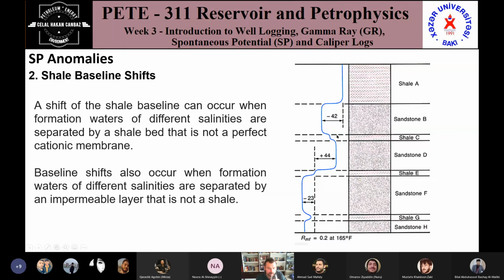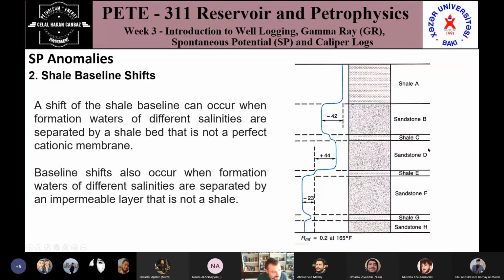Because sometimes, for example, let's say sandstone B and sandstone D, because of the tiny shale structure, can be shown as different pay zones, but these are not different pay zones actually, because somewhere, for example 100 meters above your well, this shale structure may finish and they combine, so they have a connection.